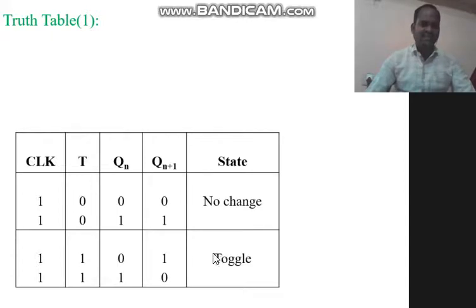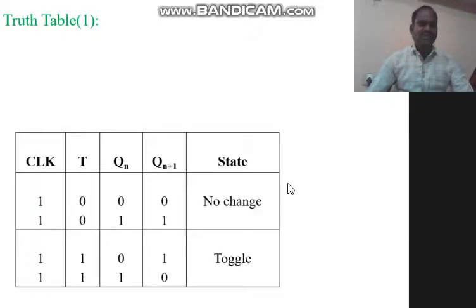These are the flip-flops. Next one is the master and slave flip-flop. The master and slave flip-flop is used to eliminate the drawback in the JK flip-flop. In the JK flip-flop, one drawback is there, that is, if J and K both are 1, the toggle condition will apply, but after some time it will not exist properly.